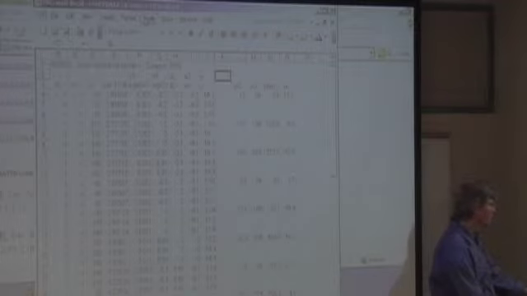See, my point is I want to get the labels in.